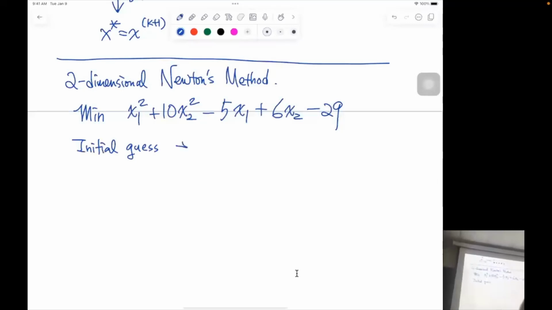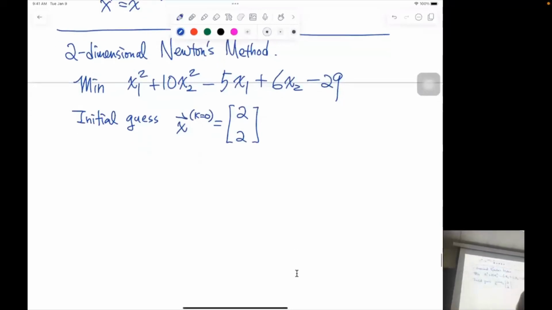So this time, everything is a vector, okay? And iteration number starts with 0 again. Now, I just want to have a random guess, 2 and 2. How about this? I don't know the answer, I just try 2 and 2. Any number works. So, in 2D, it becomes more complicated. The next step, you need to solve for two things. One thing is called the gradient.